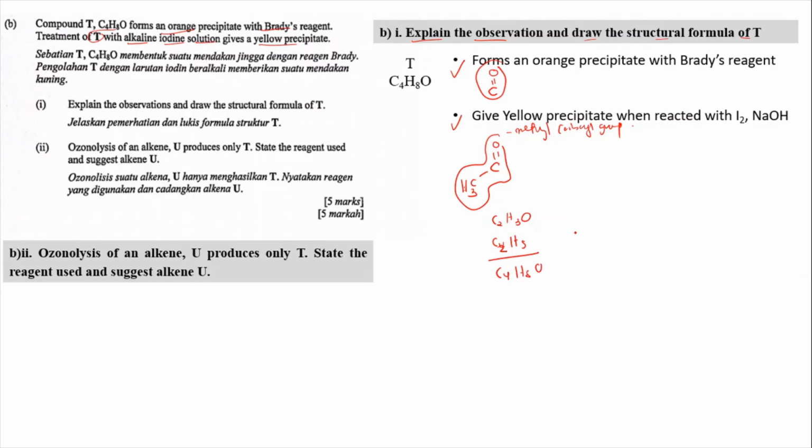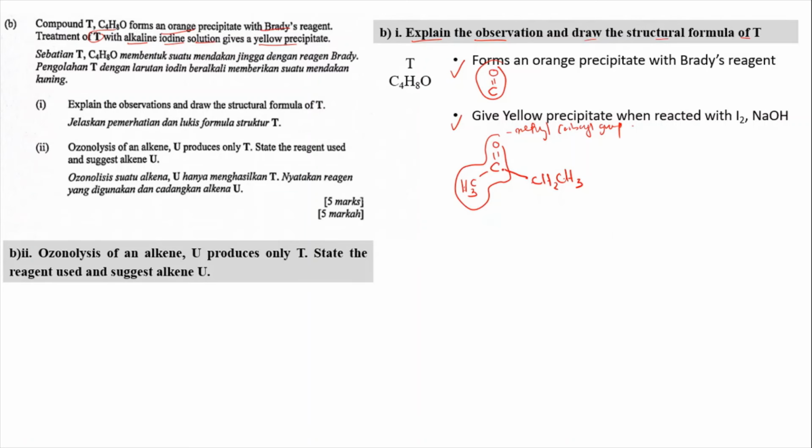So C2H5 is basically equal to CH2CH3. So the CH2CH3 we can add up here. Okay, so we can get our structure T to be something like this. Okay, and it is also consistent with C4H8O.